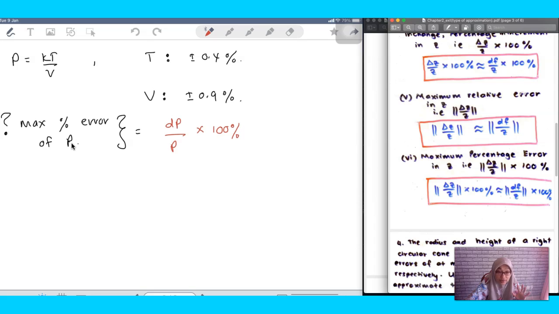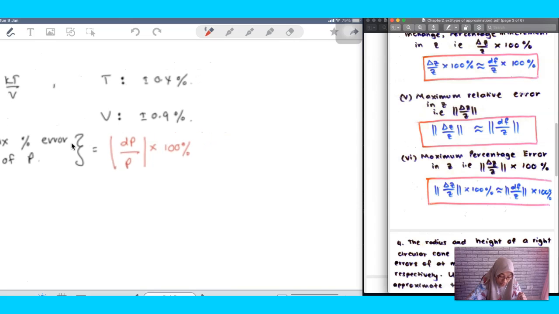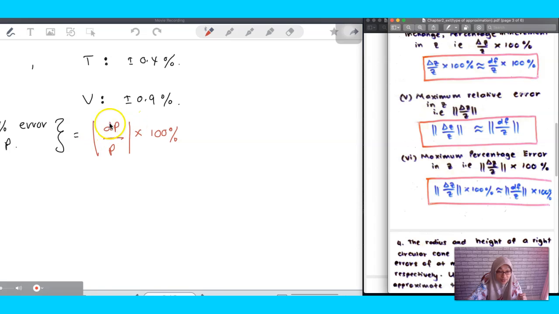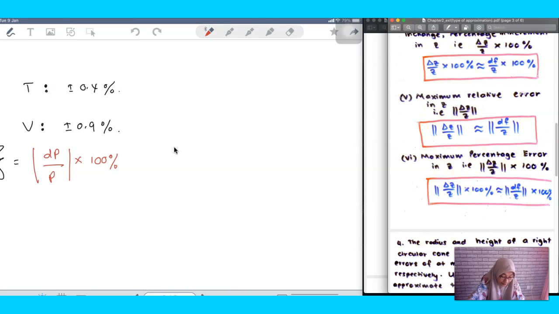But since you are just interested in the positive value, you just want to get the maximum, you just put the absolute sign. That is the thing that you want to obtain. Your final answer should be in percentage form.